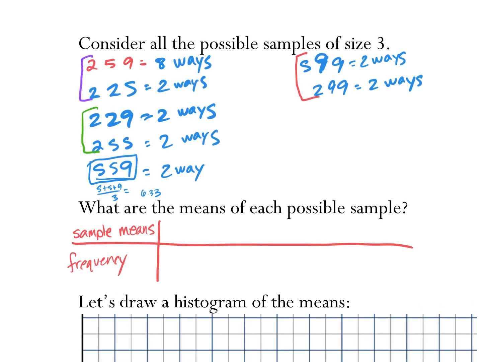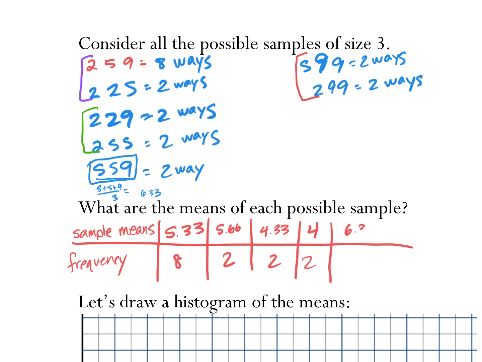So when it was 2, 5, 9, what did you guys get for the mean? 5.33. Okay. And for the 2, 2, 5? Okay, and then you guys for the 2, 2, 9, what did you get? 4.33. And 4? Okay, and then we had 6.33. For 2, 2, 5, I actually did 2 plus 2 plus 5 divided by 3.